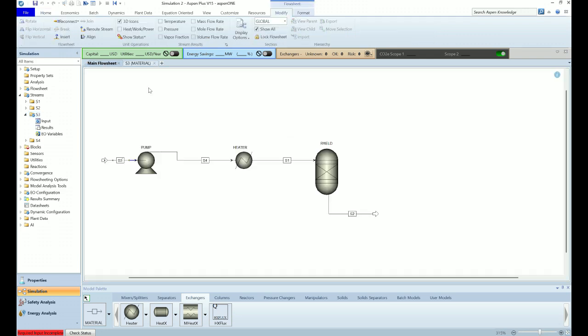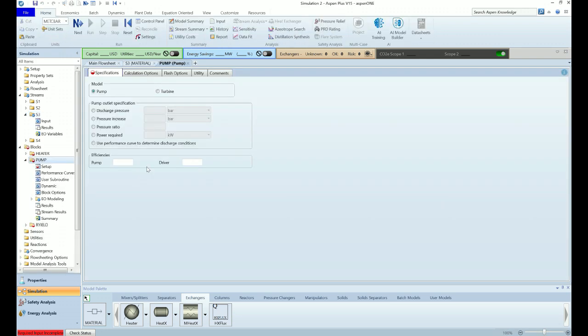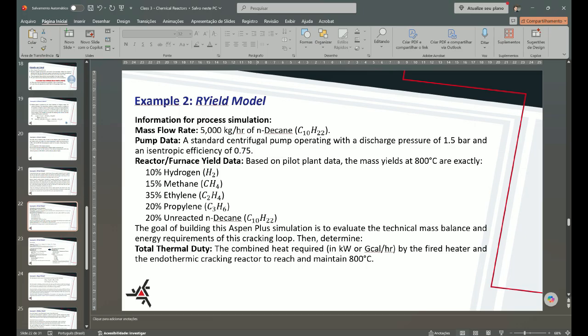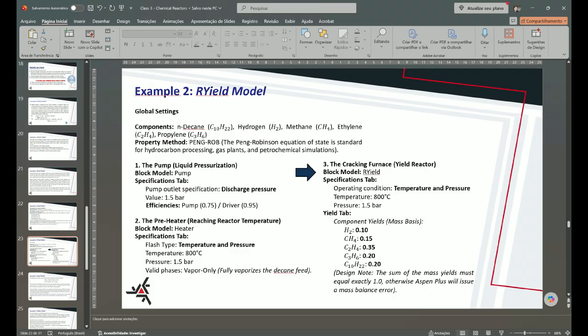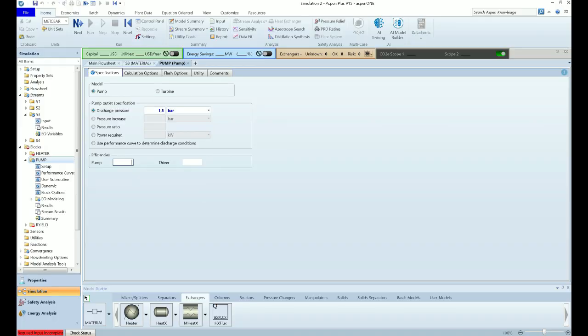So these are our global feed conditions. For the pump, let's consider a discharge of 1.5 bar, and an isentropic efficiency for pumping of 0.75. This is the condition we have specified here, and for driver efficiency 0.95, as we discussed in the previous class the meaning of these efficiencies.